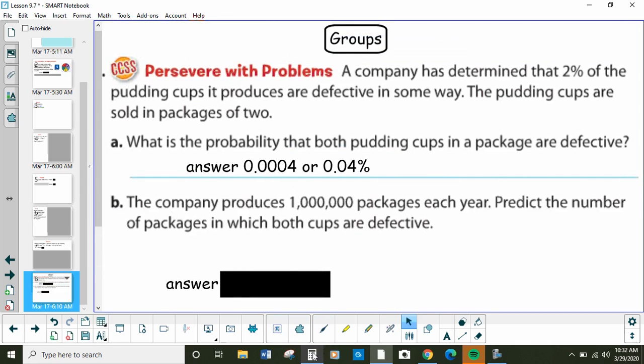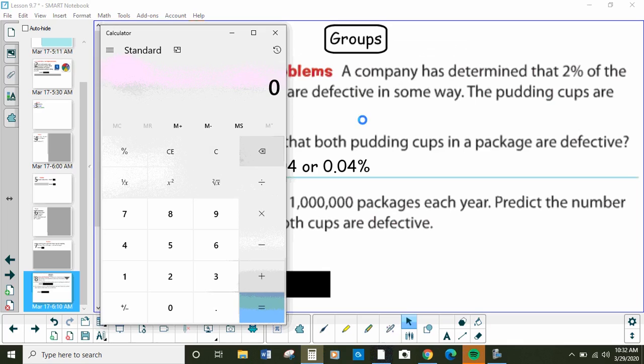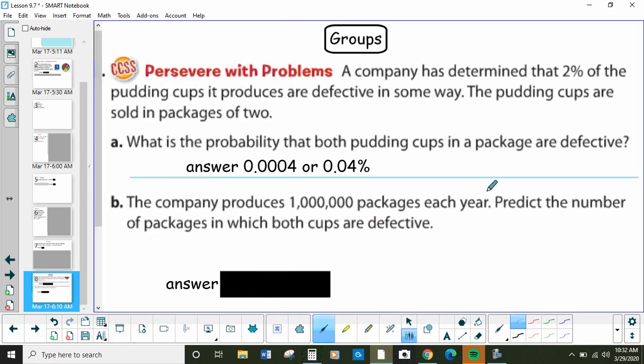Some of you might have taken the 2 fractions, 2% meaning 2 over 100, and gone 2 over 100 times 2 over 100. Sorry about my writing. And if you didn't reduce your fractions, you would have got 4/10,000ths that way, which is the exact same number as this, 4/10,000ths, okay?